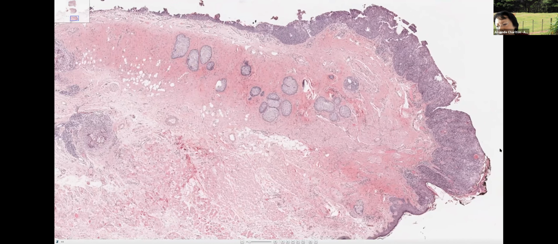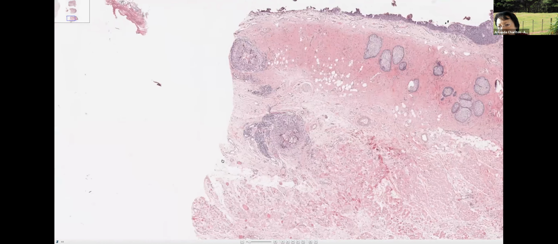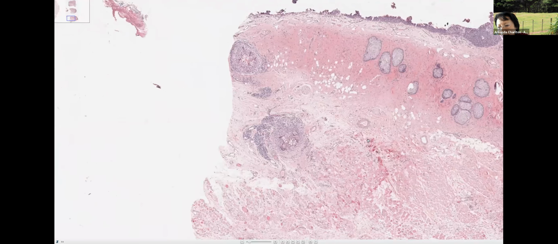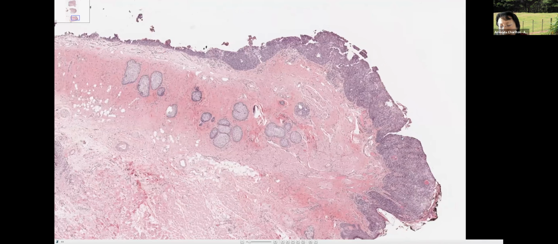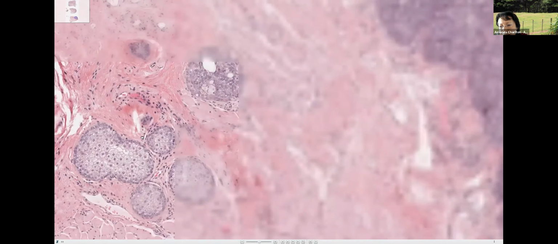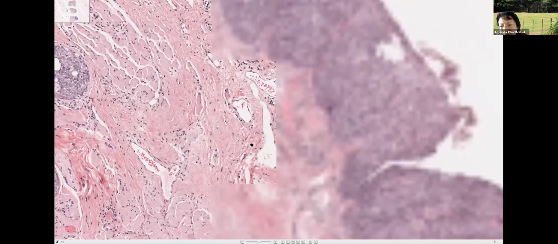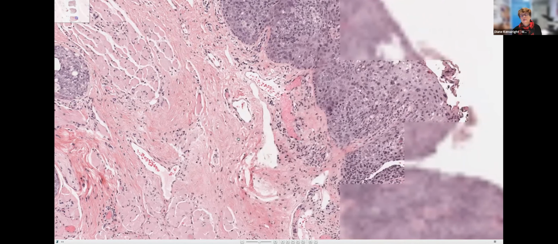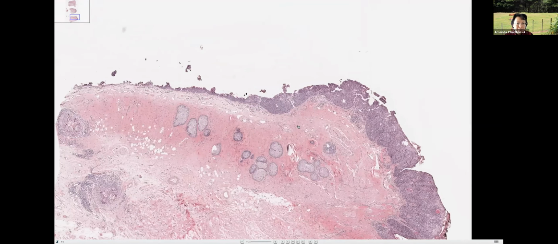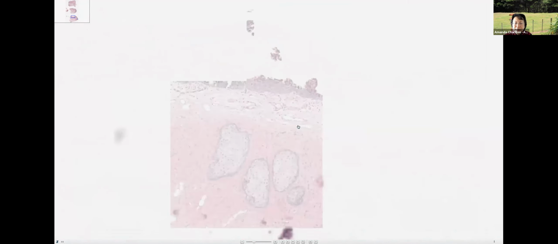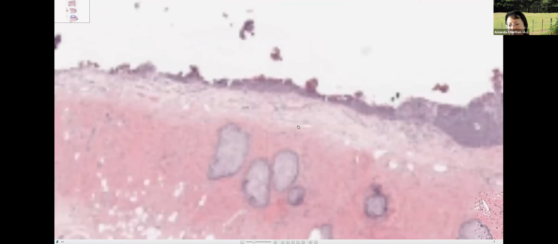So let's have a look at what's happening to that surface. So overall, if we start at one surface, that was my low power. There is a basaloid epithelial tumor at the eyelid margin, but I want to know what sort of epithelial tumor.